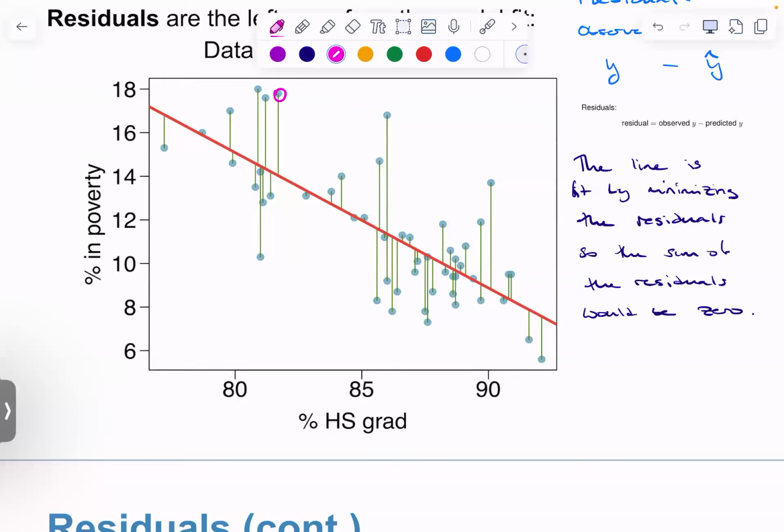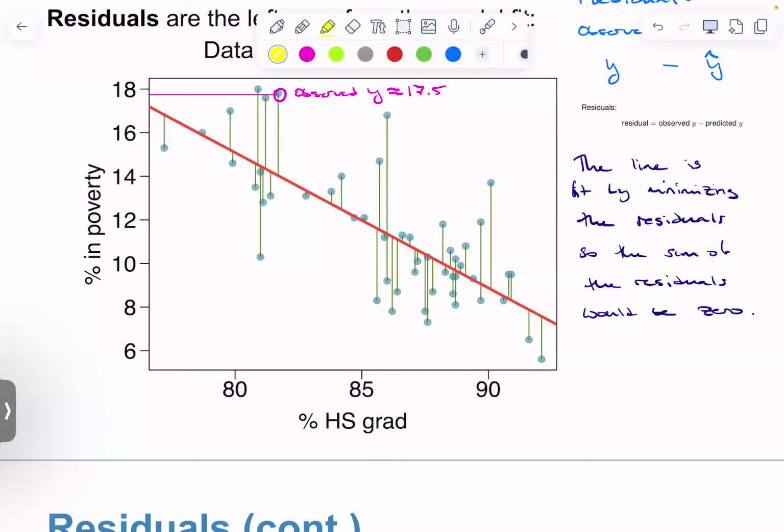This has an observed y roughly, I don't know, 17 and a half. I should have picked one that was easier to spot.